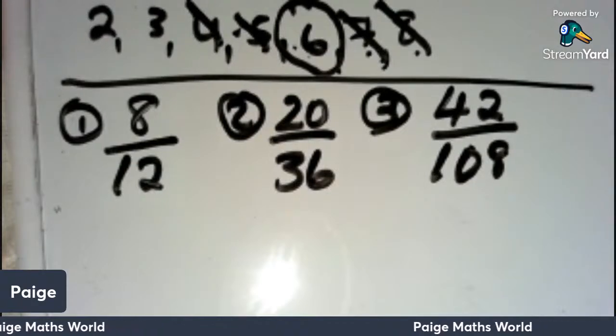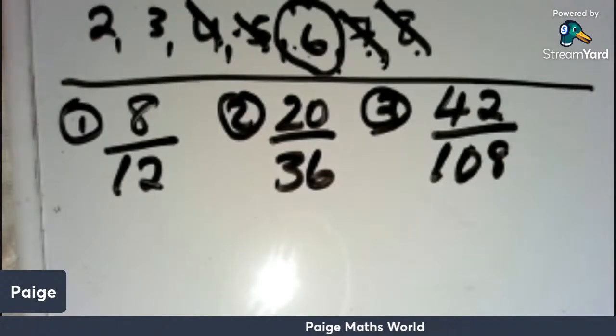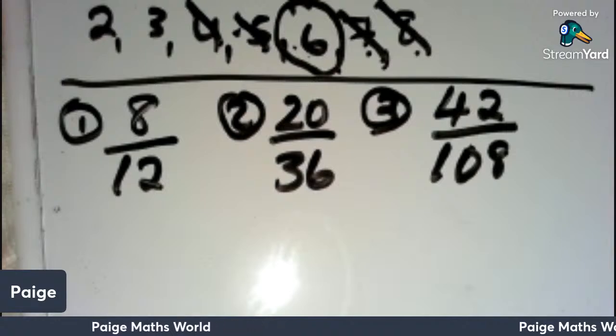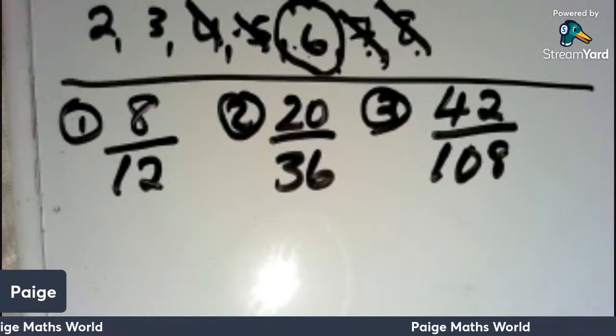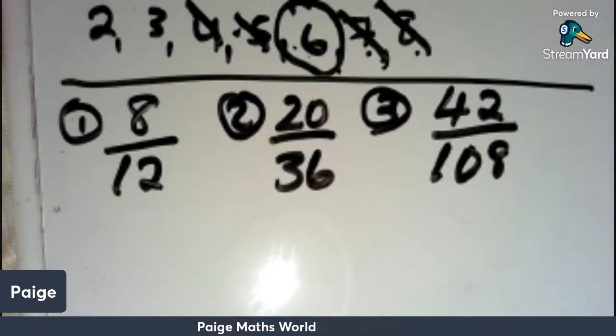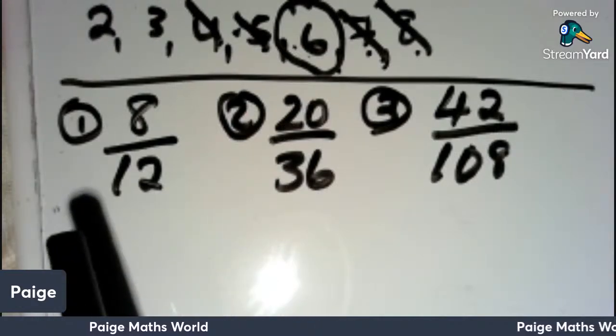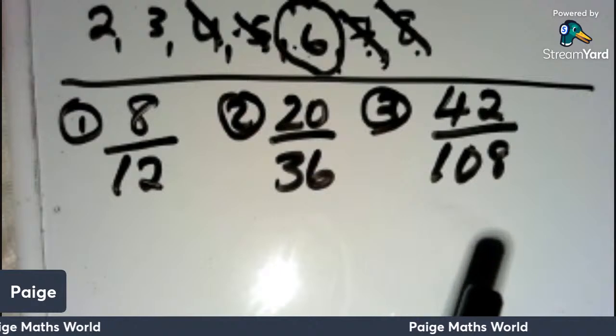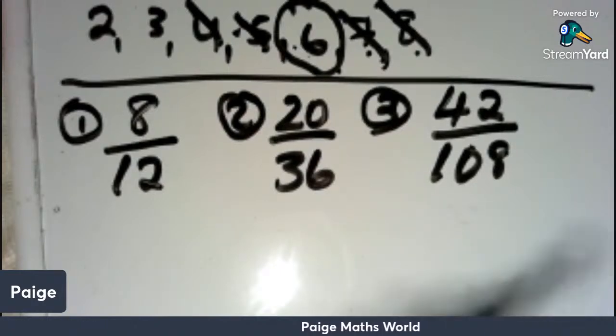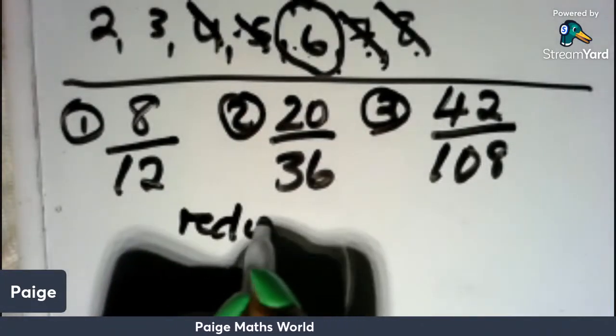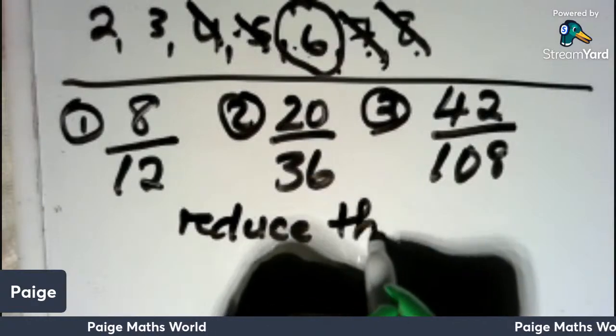So I'm going to give everybody 1 minute. Raymond, I wish you could do that thing that you did yesterday, the 60 seconds thing. So you're going to get 60 seconds to do all 3. You're going to give me your answers for 1, 2, and 3. Your reduced fraction.